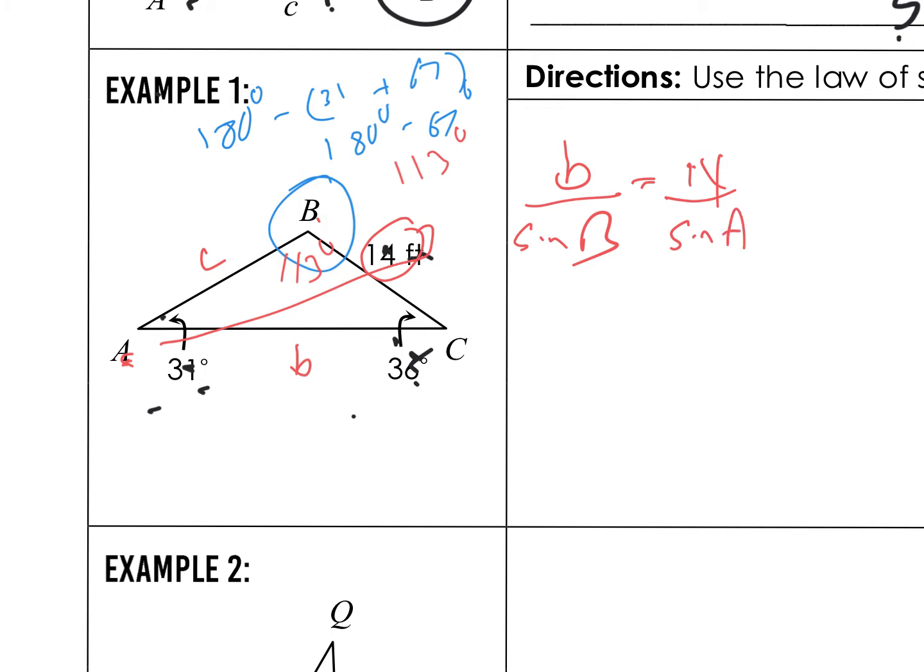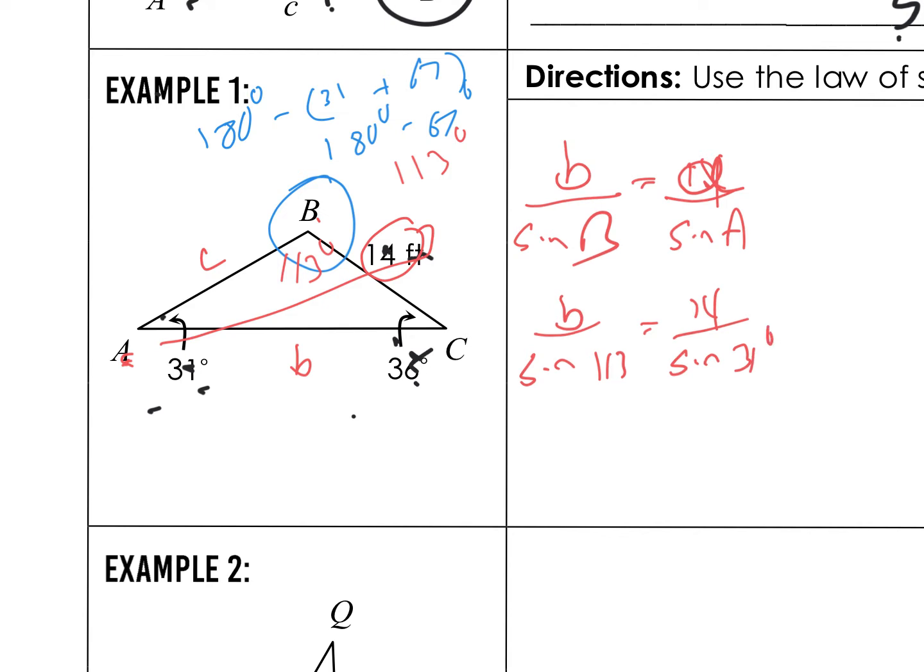I could have just put the A instead and said, that's my generic. But since I don't know B, B goes over the sine of 113, you said it was 113, Diana? Yes. 113. A, I do know it's a 14 divided by the sine of the angle 31.